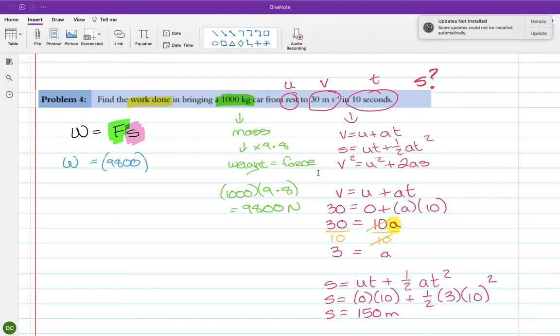Okay, so now I know the distance. I can go back in and put the 150 in over here, and then that's it. So the work is 147,000 joules.